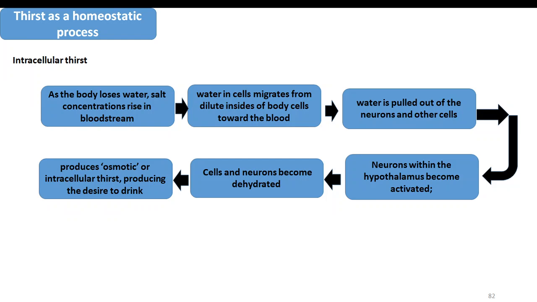And as a result, what is happening in the third box, the water is pulled out of the neurons and other cells. As a result of this osmotic pressure, water is pulled out of the neurons and other cells, right? As a result, in the fourth box, neurons within the hypothalamus become activated. The neuron is the central point of the entire stimulus-response mechanism.